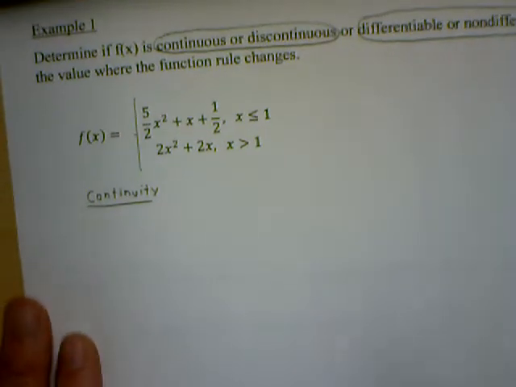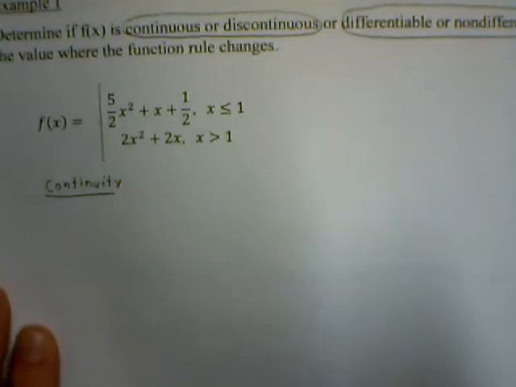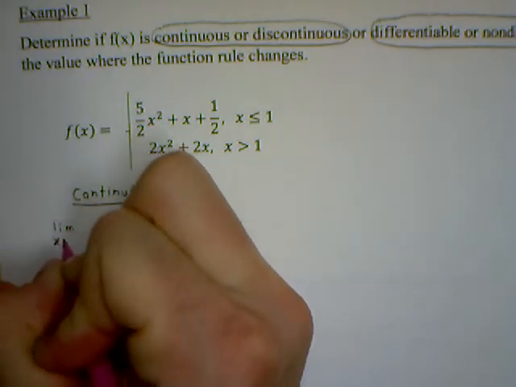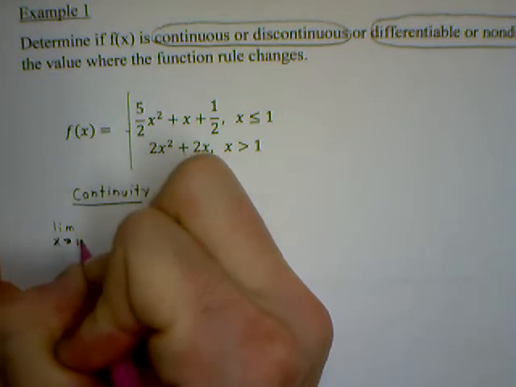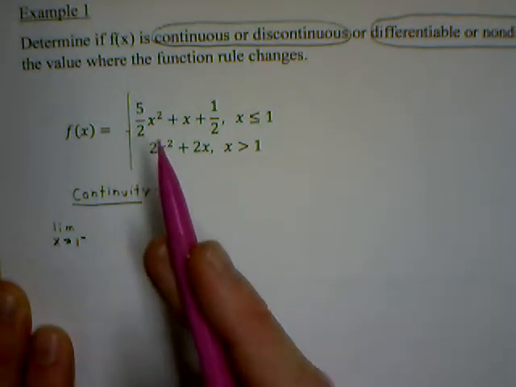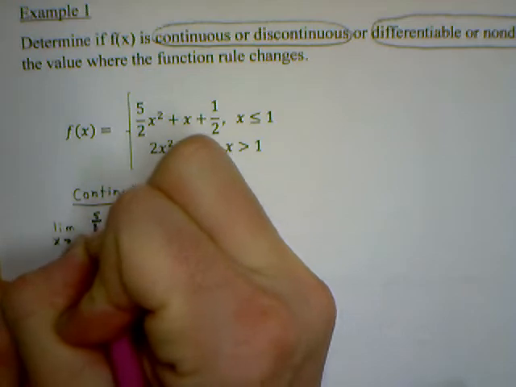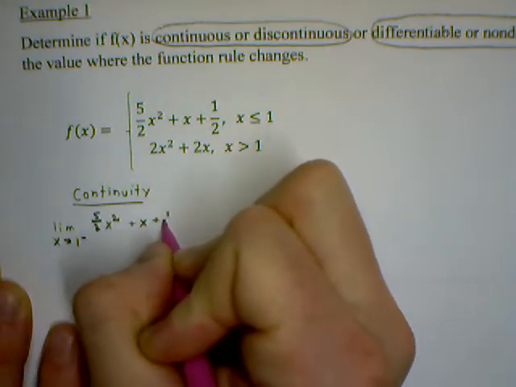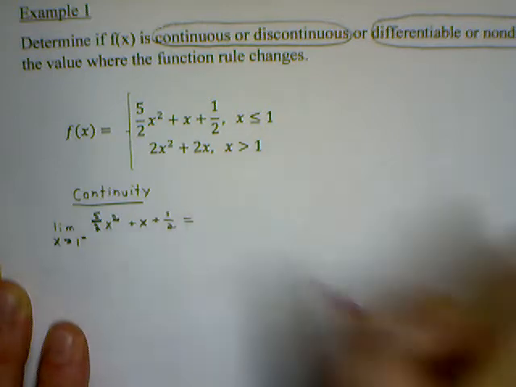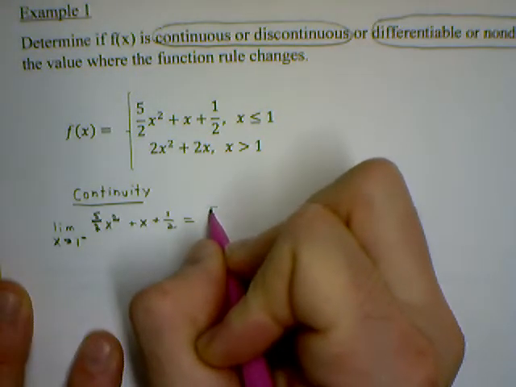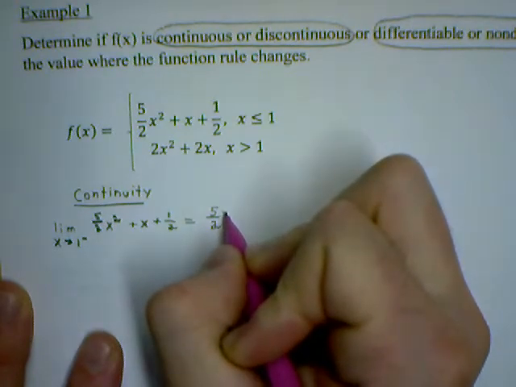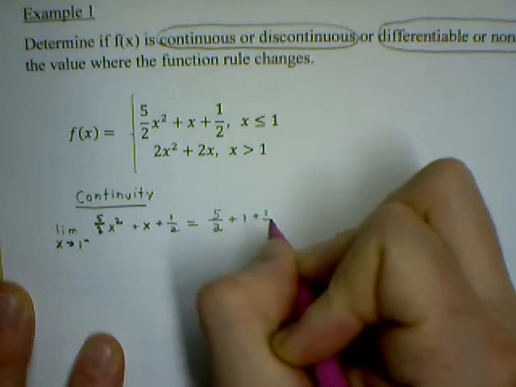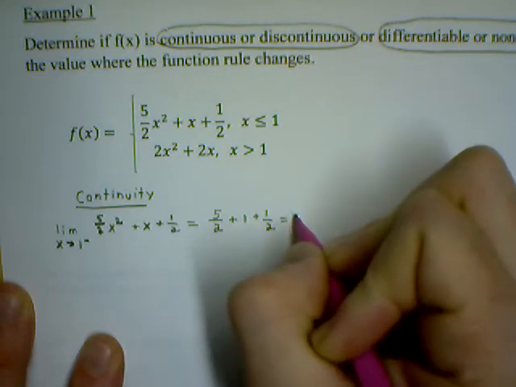To check continuity, you check the left-hand and right-hand limits. So I'm going to take the limit as x approaches 1 from the left of f of x. I'm going to use 5 halves x squared plus x plus 1/2. When I plug in 1, I have 5 halves times 1 squared plus 1 plus 1/2, which gives me 4.